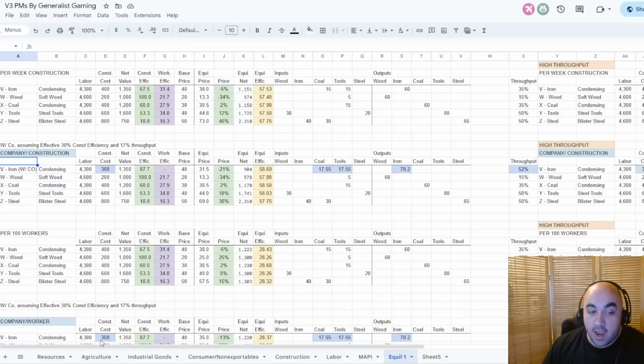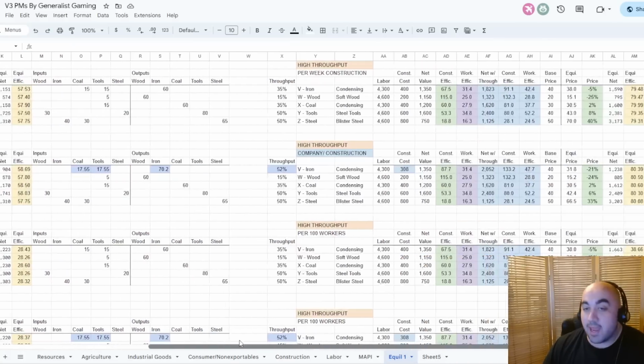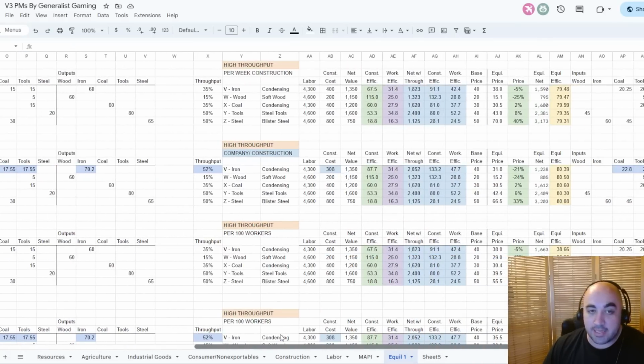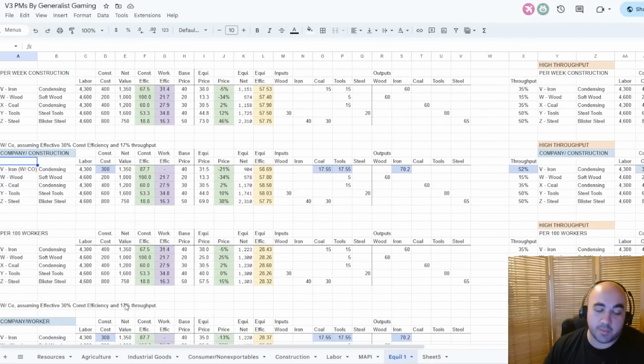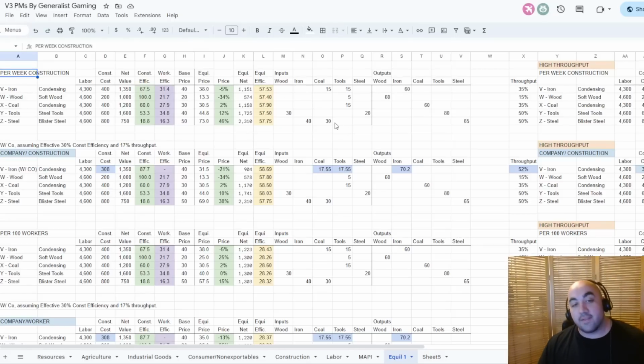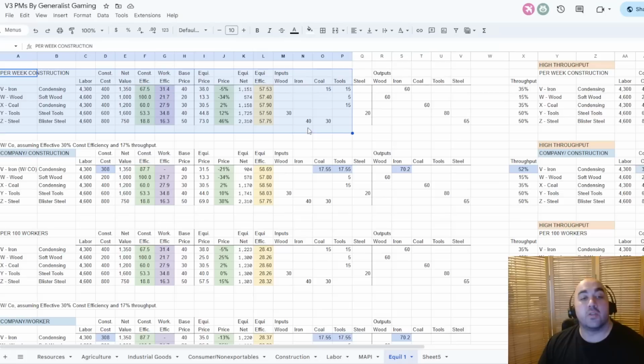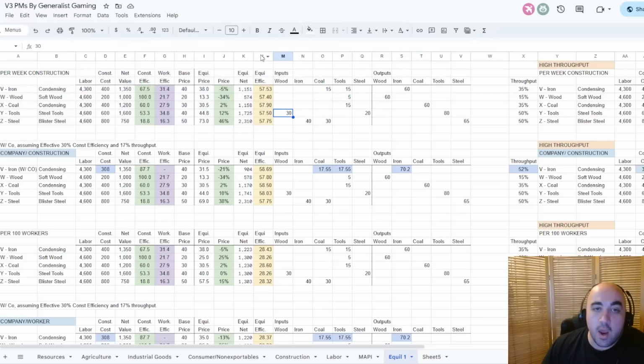Now, to be fair, I've actually done quite a bit of work in this tab and not yet published some of the ideas where we're looking at things from the perspective of how good companies are and how good throughput is, but just taking a look at this one to situate the idea, we have this tab here where we are looking at an equilibrium efficiency where all of these things are basically producing the exact same value, but they are producing the same value at different price levels.